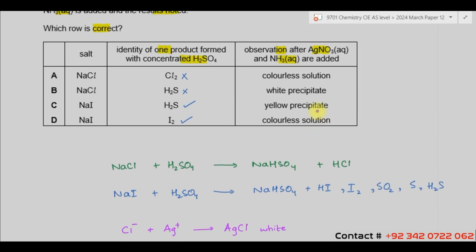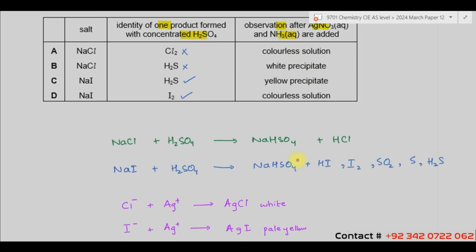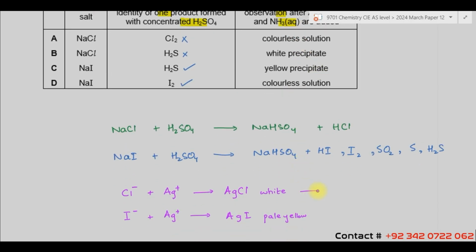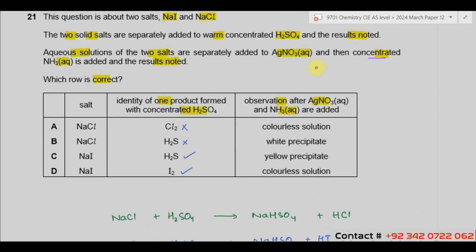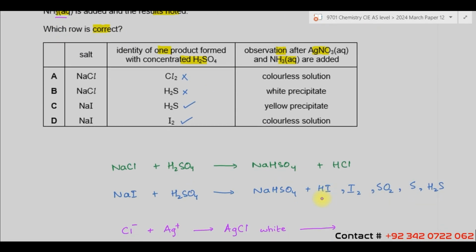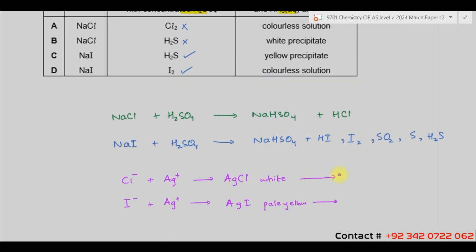Further, if we add concentrated aqueous ammonia, the AgCl precipitate dissolves while AgI does not dissolve.